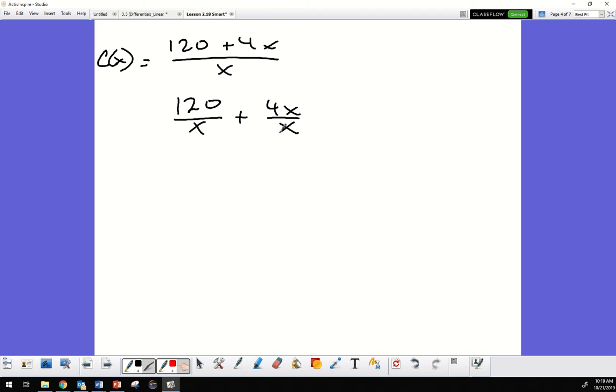Now, since I'm trying to simplify this, the 4x over x, what's going to happen to that? I can take out an x, right? It's going to cancel. So now it's going to be 120 over x plus 4.